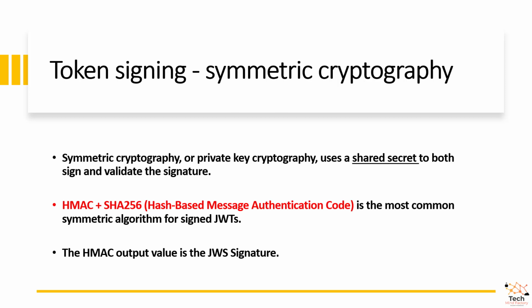The hash-based message authentication code output value is basically the signature, so the JWS signature. So with this signature, the token can be passed to the identity provider, and then the identity provider, using the same private key, the same shared secret, can check the signature of the token.